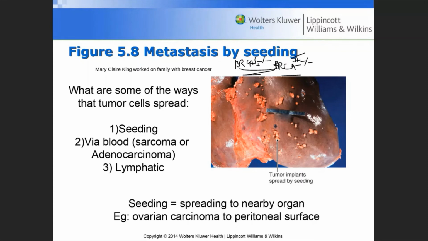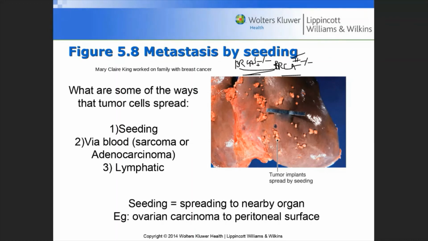So, different ways that cancer cells might spread to distant organs. Again, what are the three common distant sites? The lung, the bone, and the liver. If the tumor is derived from epithelial cells, like carcinoma, it usually arrives at the metastatic site through the lymphatics.